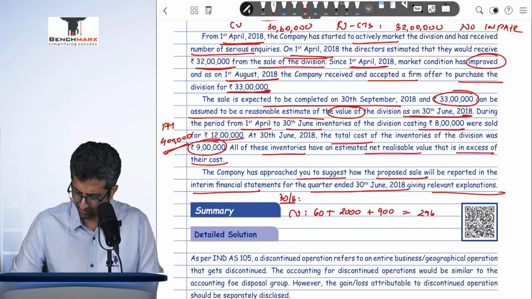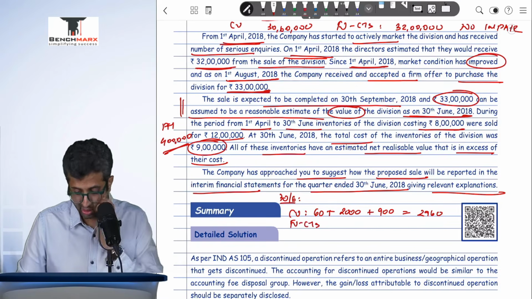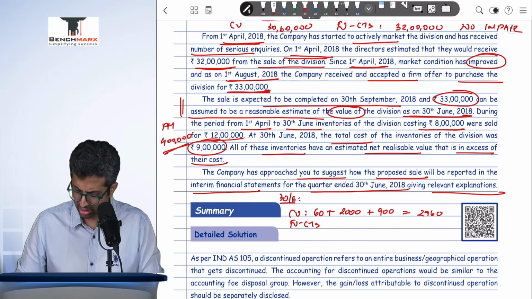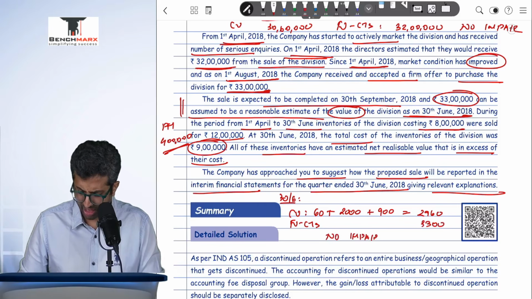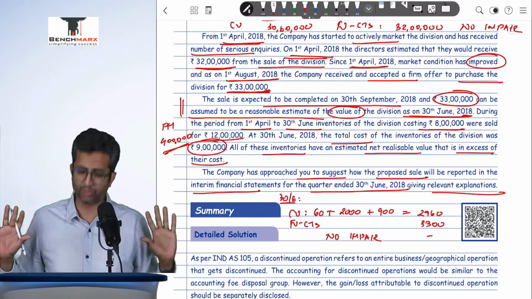2960 probably. And if you compare this with the fair value less cost to sell, in this paragraph you have been told that on 30th June it is assumed that the fair value less cost to sell will be around 33 lakhs, and hence here also there is no impairment. So over here you will definitely show this as a separate non-current asset held for sale.